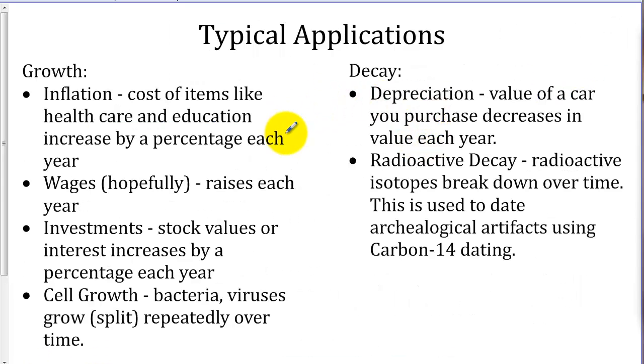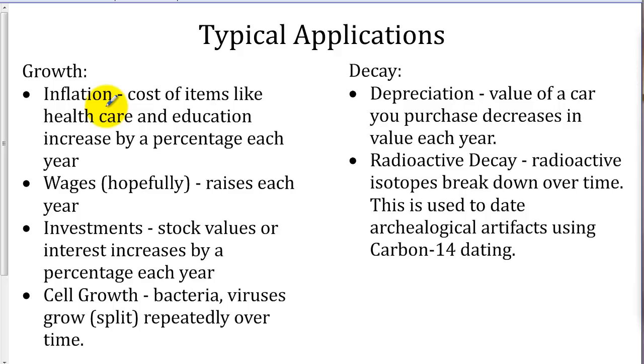As I said, there are lots of different applications. Some applications you can maybe relate to for exponential growth: planning monetarily for the future. The cost of things over time increases. You've probably heard of this term, inflation. If you look at what the cost of gasoline was back when I first started driving, it was like 25 cents a gallon, and now it's almost $4 a gallon.